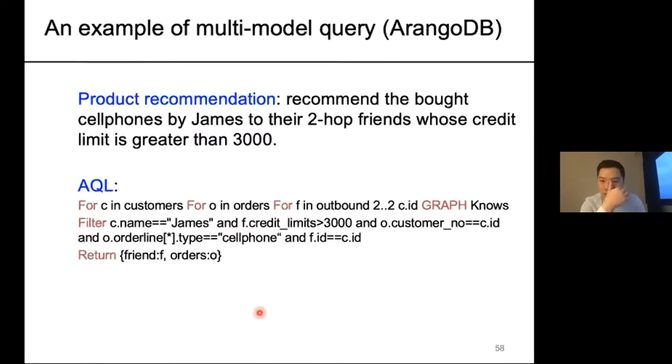So for example, suppose we would like to make a product recommendation to recommend the cell phones bought by James to their two-hop friends whose credit limit is greater than 3,000. By using a declarative query language, AQL in MongoDB, we can compose a corresponding multimodal query in a single statement.